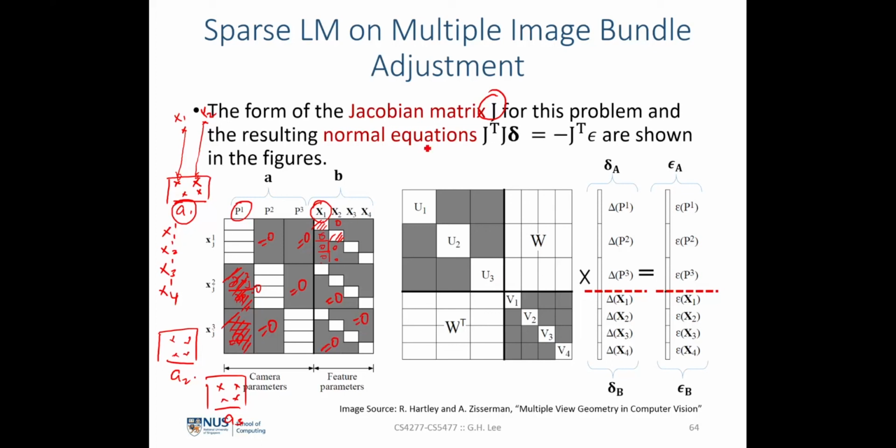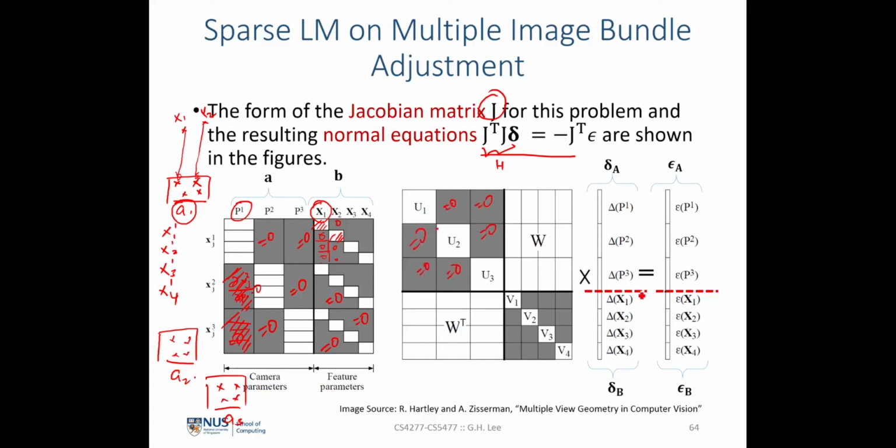Once we obtain the Jacobian matrix, we can continue to get the normal equation, where we can compute the Hessian J transpose J, which is in this particular format, as we have described earlier on. We can also see that this is a sparse matrix in the diagonal block, where all these entries are going to be equal to 0.